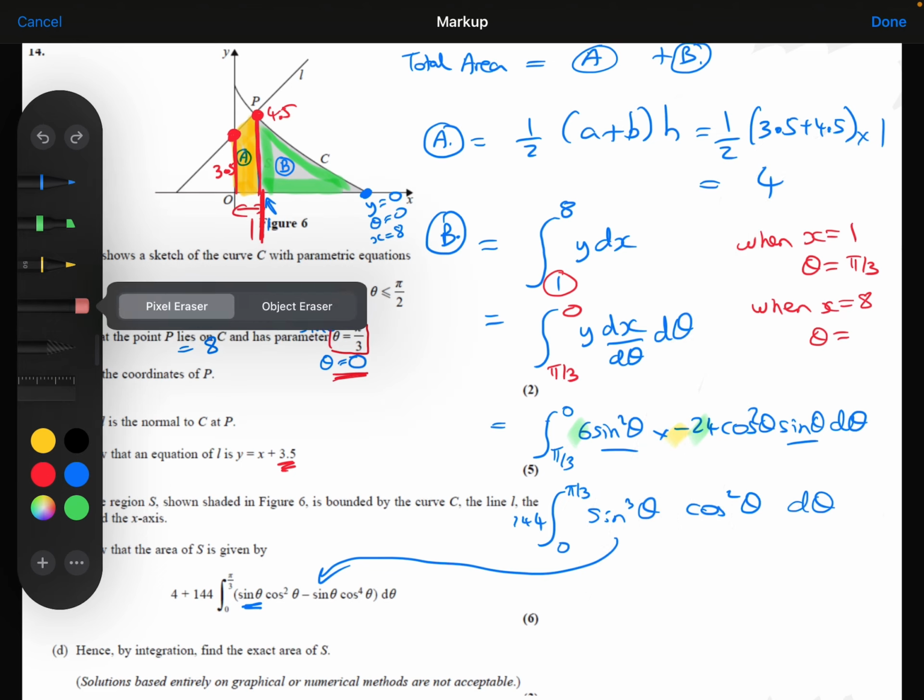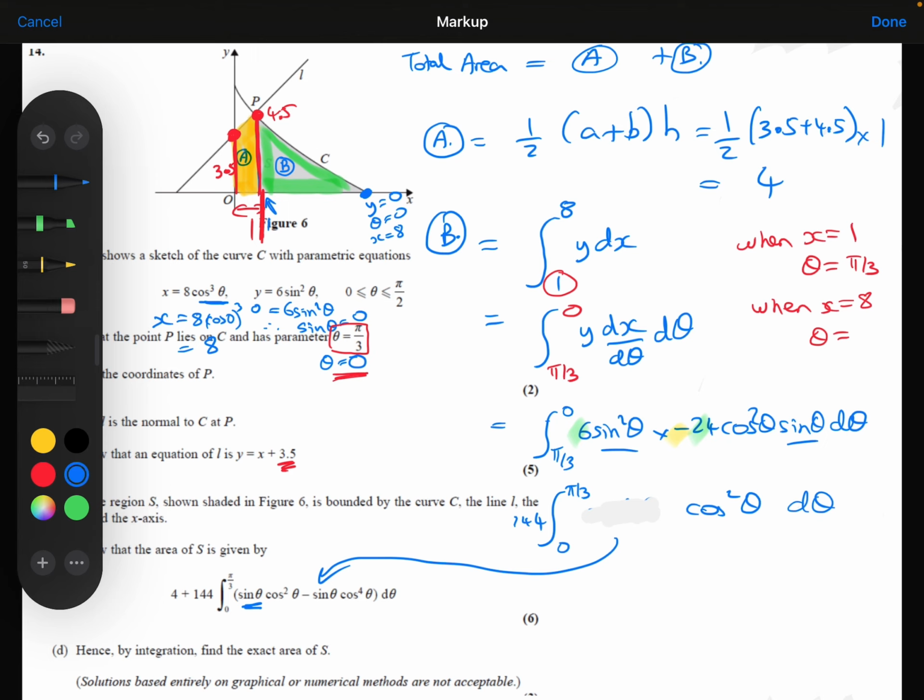So instead of rewriting the sine squared times sine as sine cubed, I'm going to rewrite this sine squared as 1 minus cos squared. And I'm going to keep this sine theta. I think that's going to get me closer to the way it wants me to write the answer. Even though this looks much more complicated, I think this will get me to the answer they want me to write, which I'm assuming is going to help me in the long run.